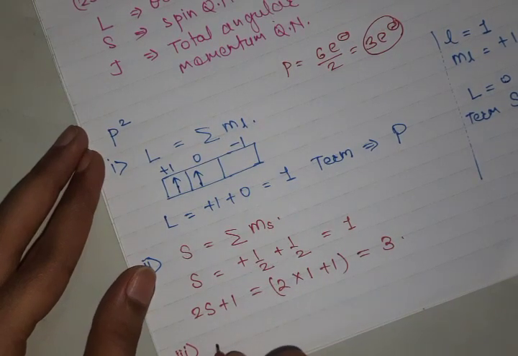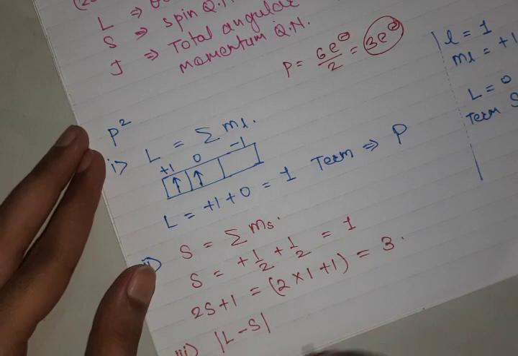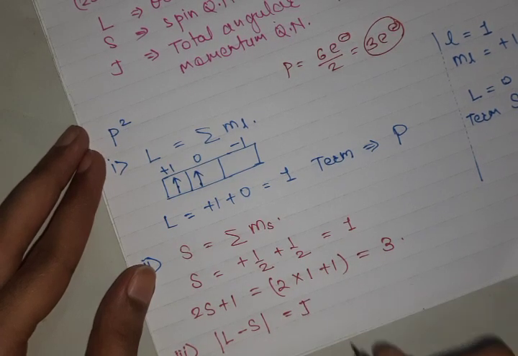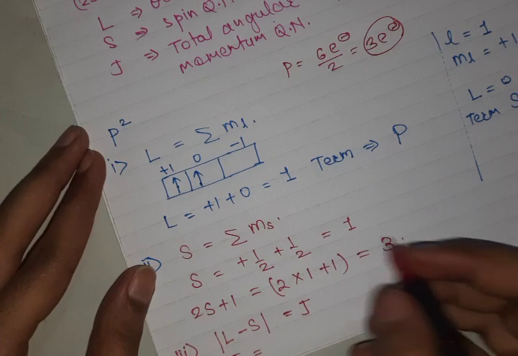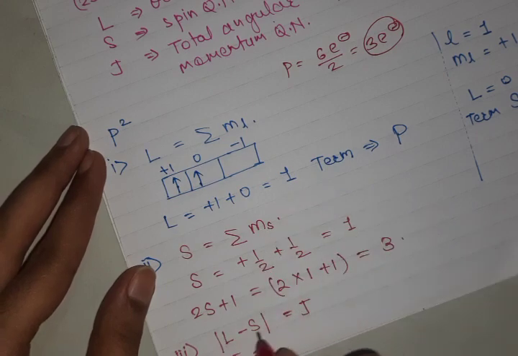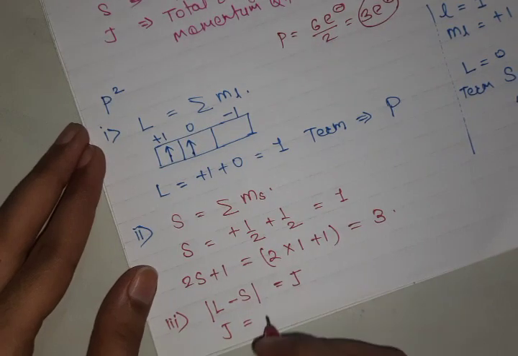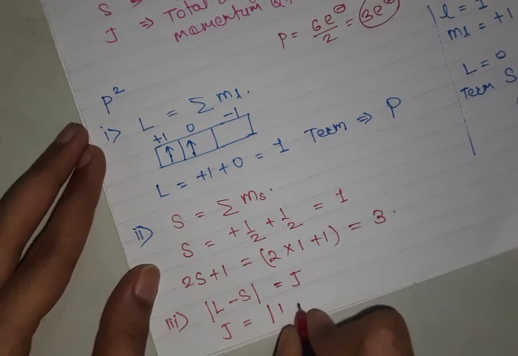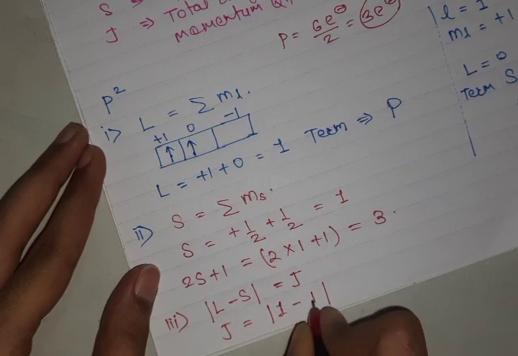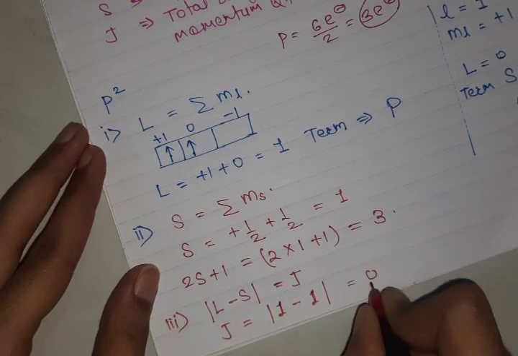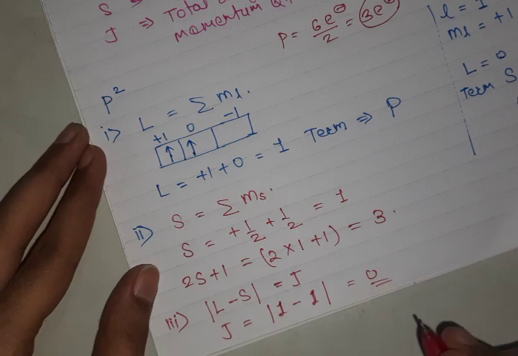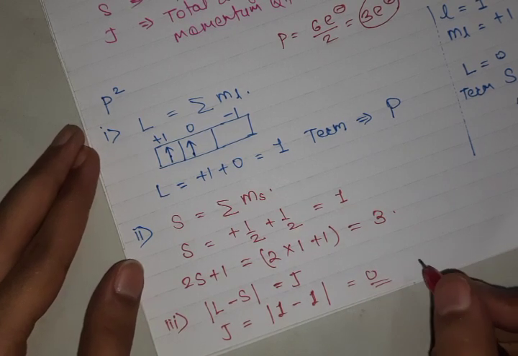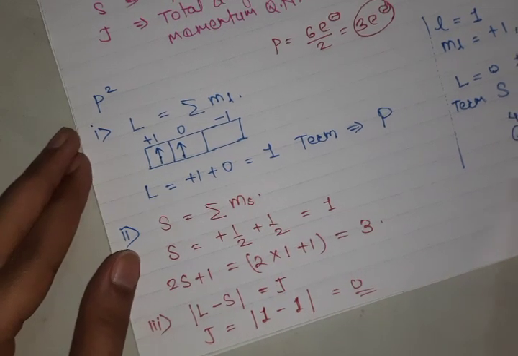That's why we have to take L minus S to calculate J. So J is equal to the mod of L minus S, so the answer will become positive at the end. The L value is 1 and the S value is also 1. So the final answer is 0. No need to write 0, but if you want to write it, you can.